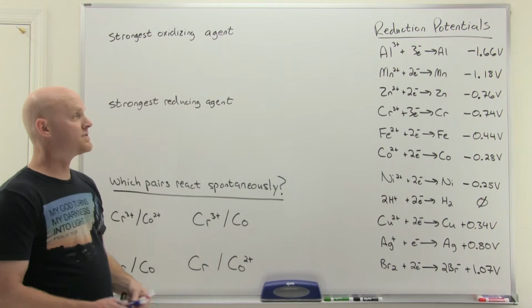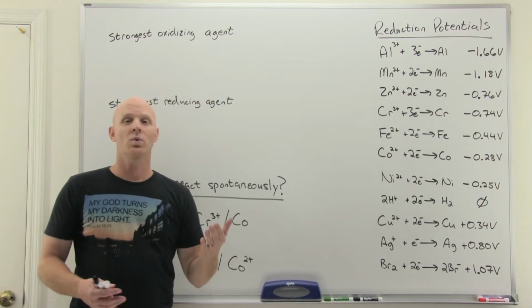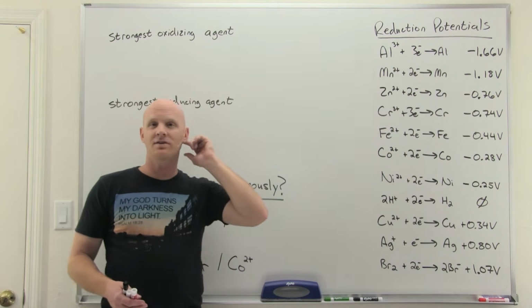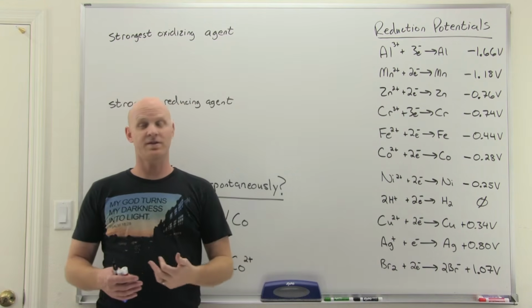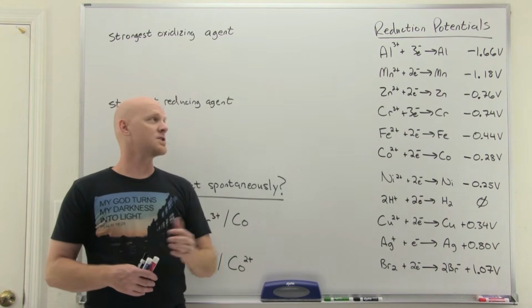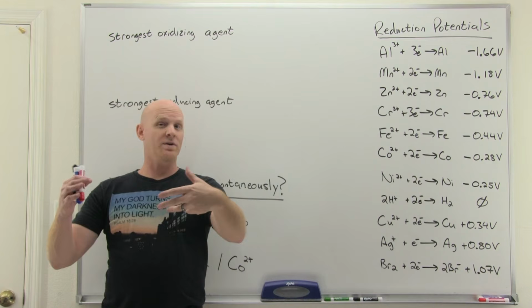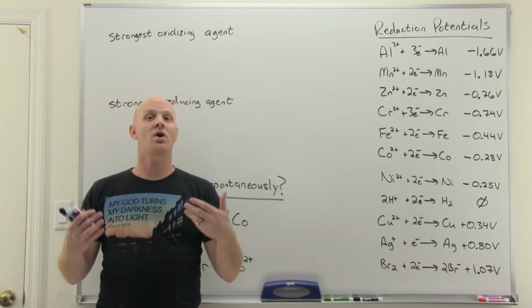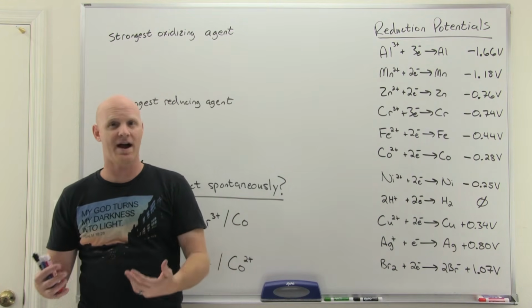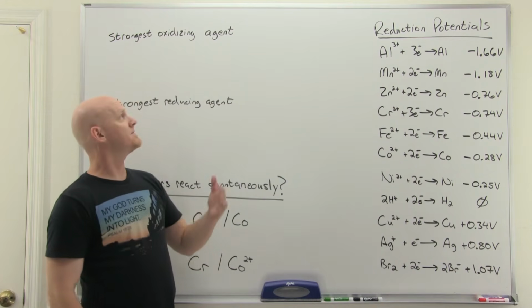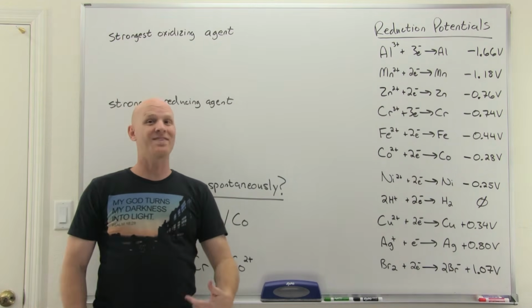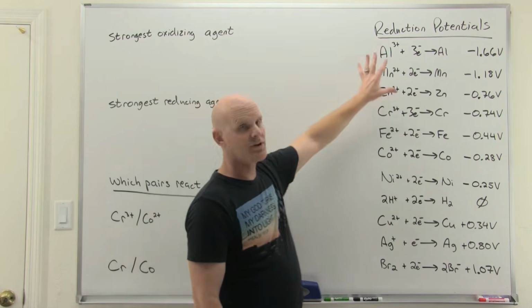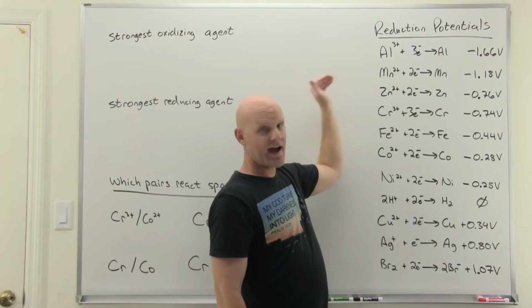So in this case, if I want the strongest oxidizing agent, you have to remember that any oxidizing agent gets reduced. And if you recall, we also said that oxidizing agents and reducing agents are always reactants in a reaction. So keep that in mind. If oxidizing agents get reduced and they have to be reactants, then when I look at a table like this, these are written as reductions.